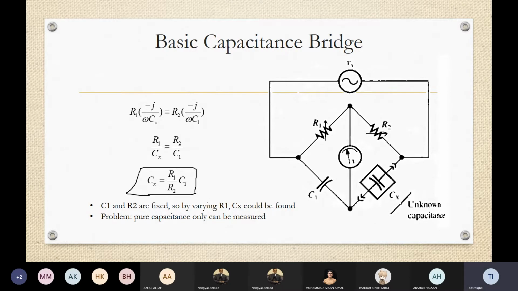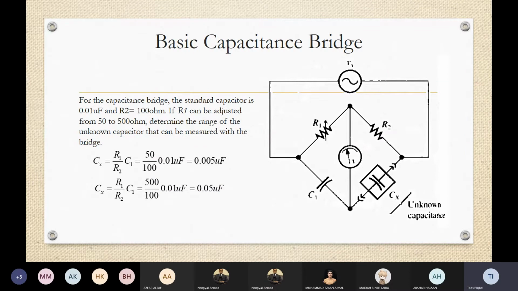But most capacitors have some parasitic resistance in series or parallel. Therefore, this basic capacitance bridge is of no use when we don't have a pure capacitor.